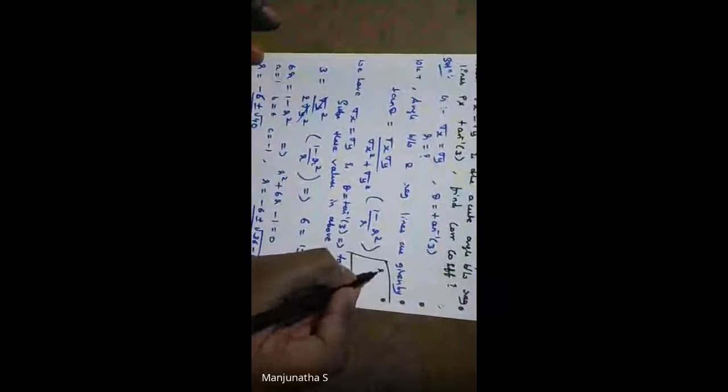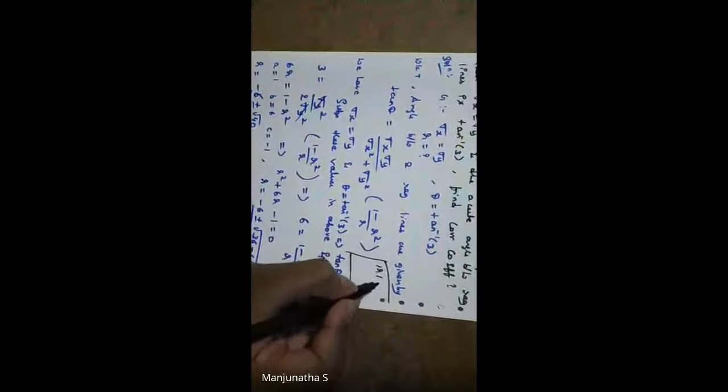See, the correlation coefficient should always lie between minus 1 and plus 1. It should not exceed unity. I have given that in the introduction class. It means if it is more than 1, that is wrong, and if it is less than minus 1, it is wrong.